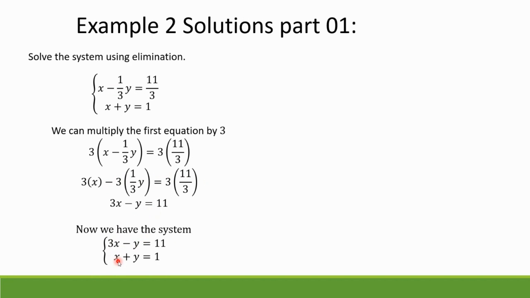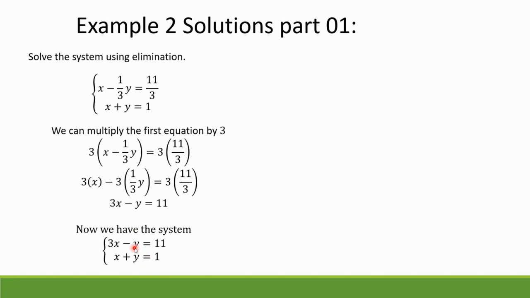Now, if you look at the x's, you might be thinking, well, if we multiply the second equation by -3 and then add, then the x's would be gone. But we don't have to do that. And why don't we have to do that? Well, notice that the y's here are opposite in sign, so that if we add the equations, the y's would cancel.